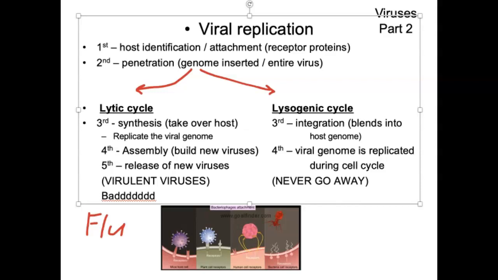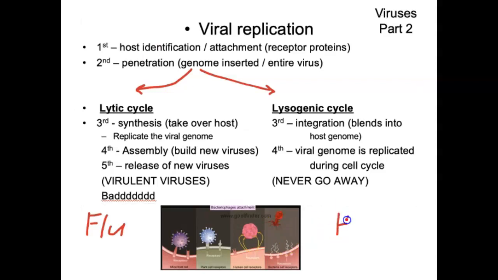So some viruses take the lytic cycle, other viruses take the lysogenic cycle path. It just varies from virus to virus. Now, what we'll see with certain viruses is that they're going to be with you your life. So here's a bad example. Herpes, the gift that keeps on giving.